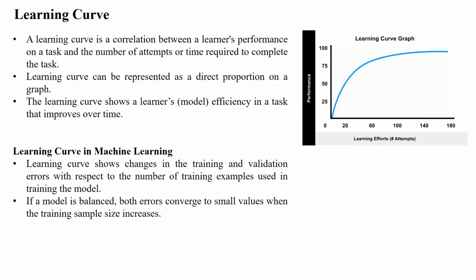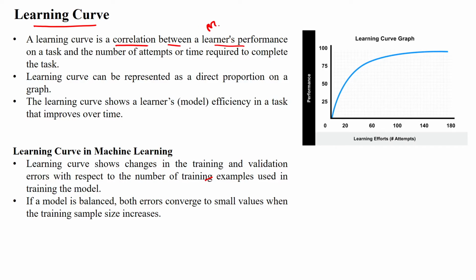Here when you are evaluating, we should know how the performance of the model is increasing gradually by using different approaches. Here we can use one of the things, our learning curve. The learning curve is providing the correlation between the learner's performance.